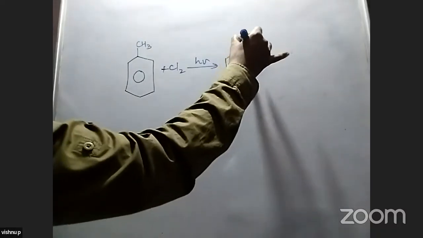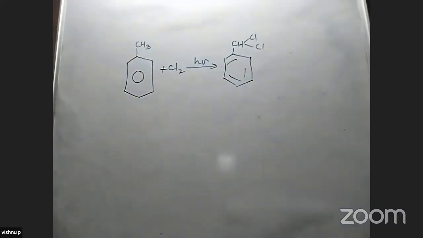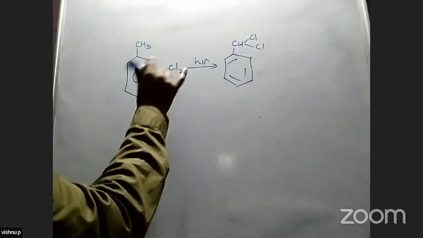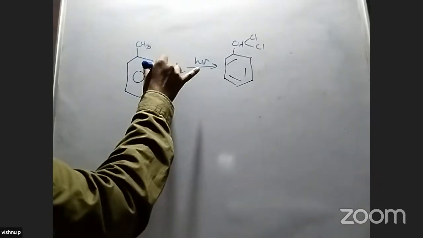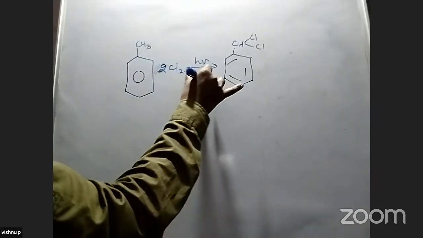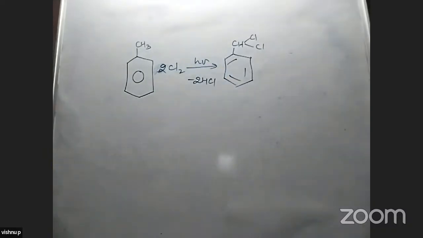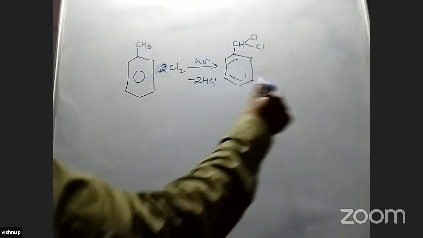Based on the number of chlorines, these hydrogens are substituted by chlorine. That depends on how many chlorines are present. Sometimes three hydrogens are also substituted. So here two chlorines, and two hydrogens are substituted. Here we take 2 moles of Cl2 and 2 moles of HCl are separated, and two halogens are attached on that alpha carbon.